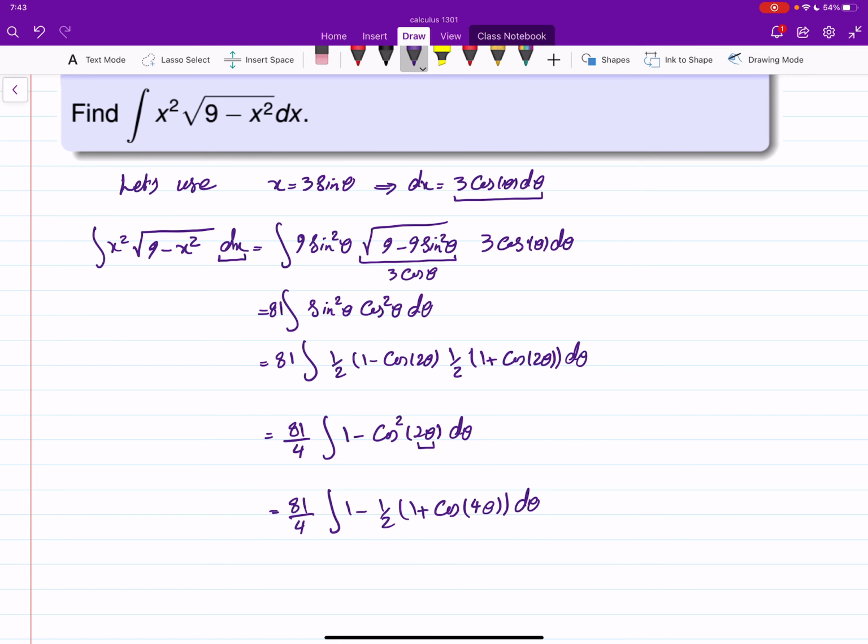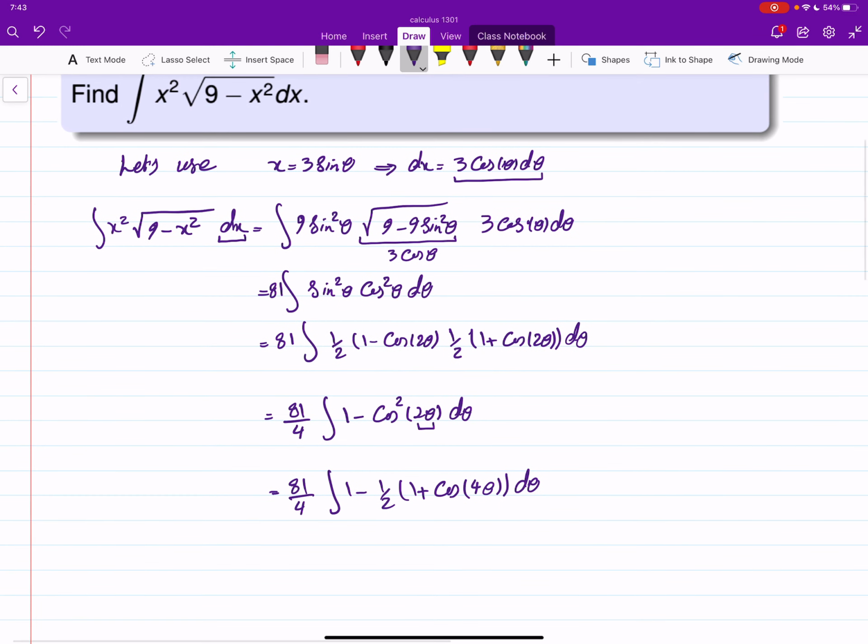Okay. Now let's see what we have here. 81 over 4. That will actually give us half minus half of, so I can put that half out, and I get 1 minus cosine of 4 theta.